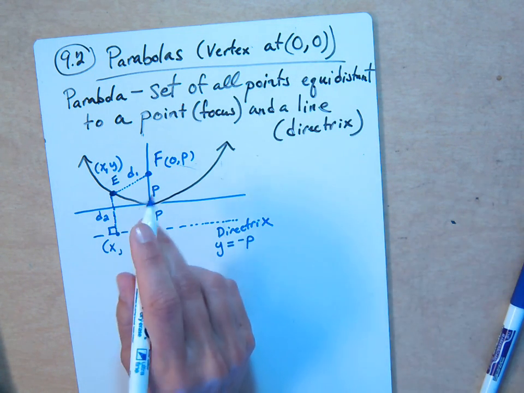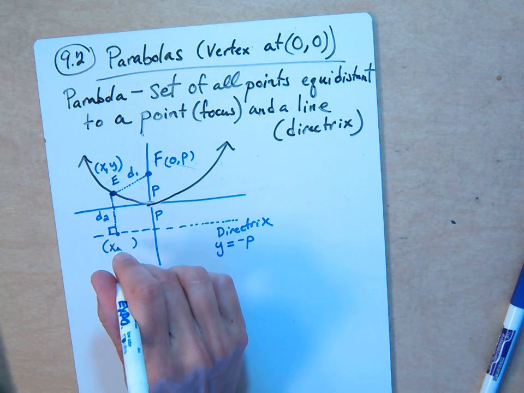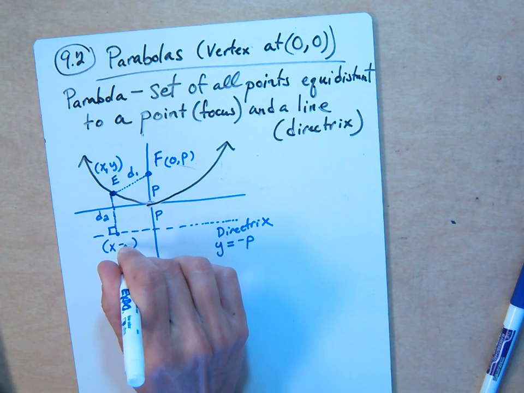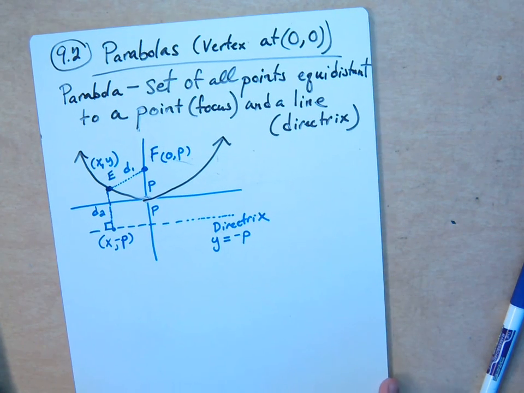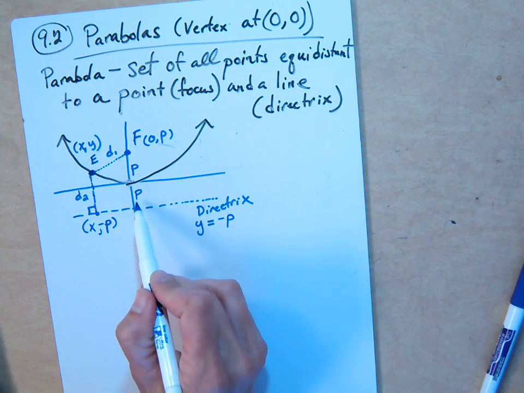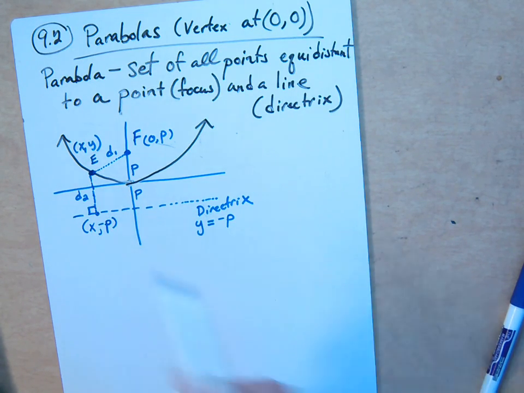I'm going to have to go back and figure that out. I have negative P here. Is that right? Yeah, negative P. Okay, this distance is P, so negative P, it's the same as the line.